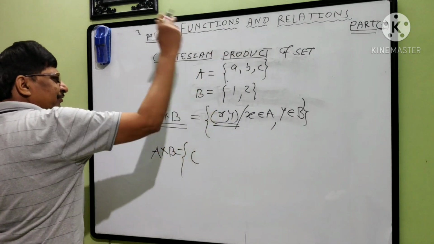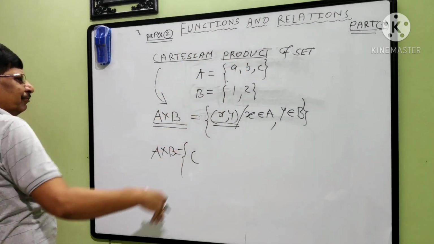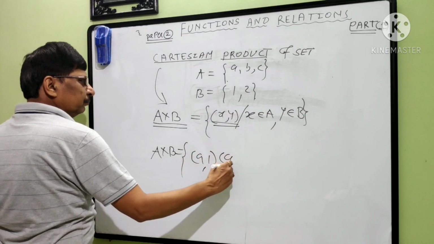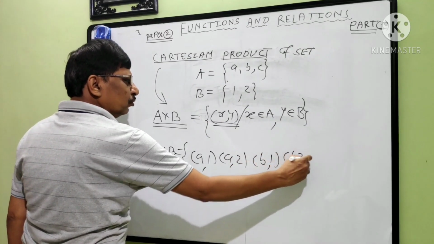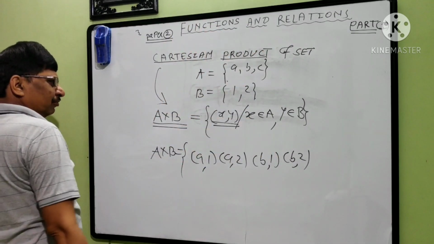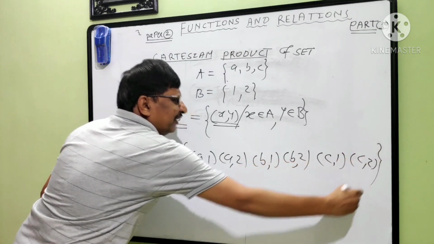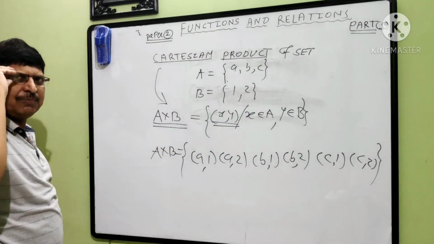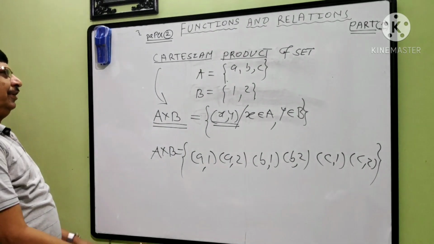According to this definition, all ordered pairs will come in this set: (a, 1), (a, 2), then (b, 1), (b, 2), where order is important, then (c, 1), (c, 2). This set of all ordered pairs is called the Cartesian product of the 2 sets, that is A cross B.